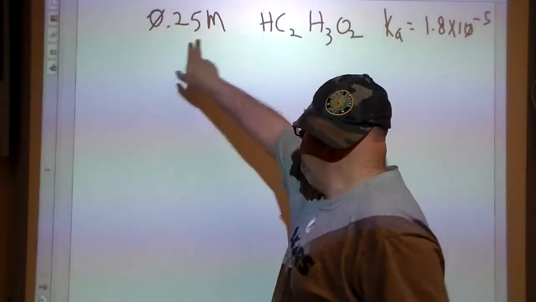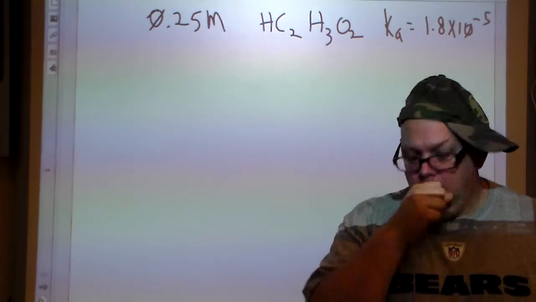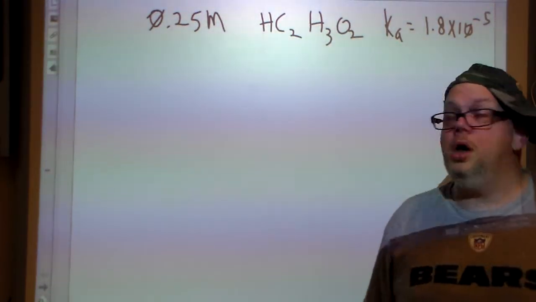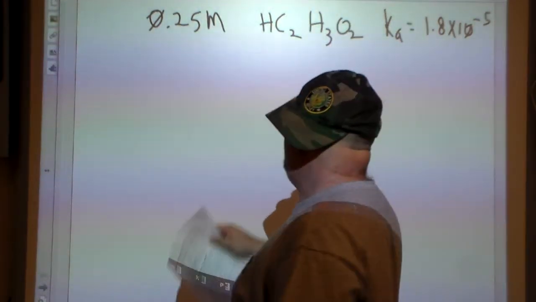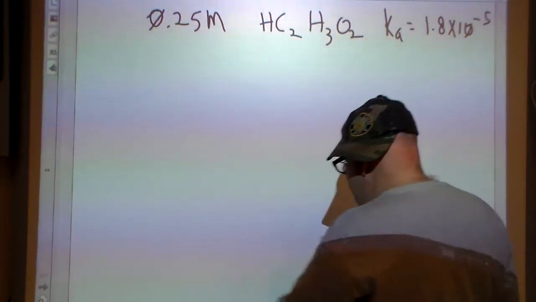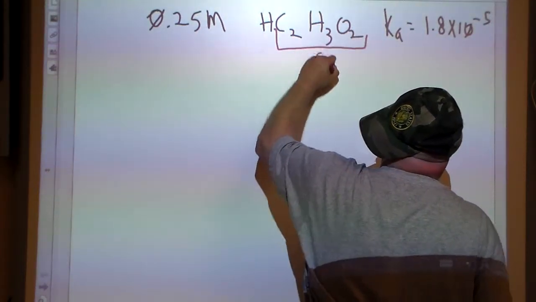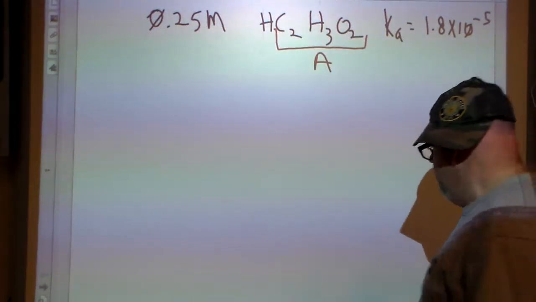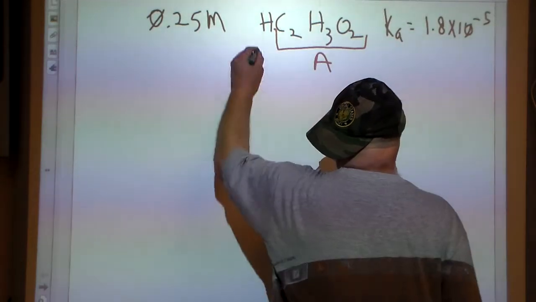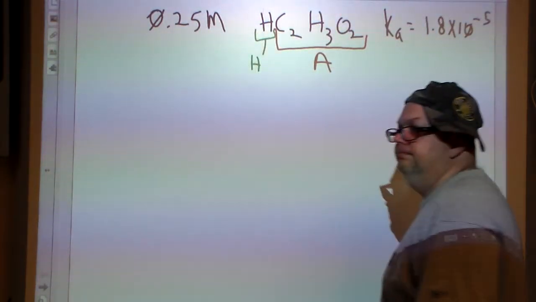Remember, when we're looking at something like this, we have to assume it is in water. Instead of writing out the entire equation, we can call this HA, because really the only thing we're interested in is what is up with our hydrogen.